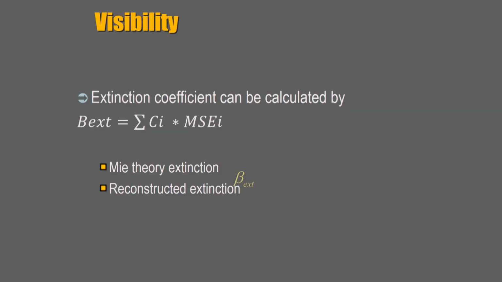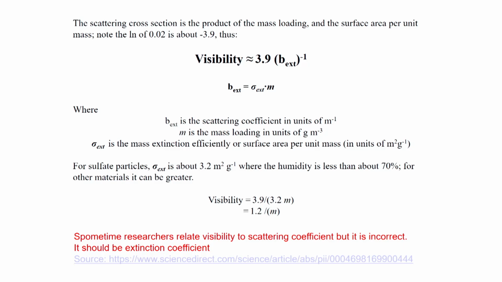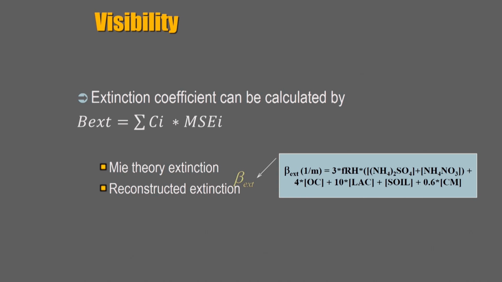This is the point I discussed in the previous lecture, that you have extinction because of the different species, and each species has a mass scattering efficiency.